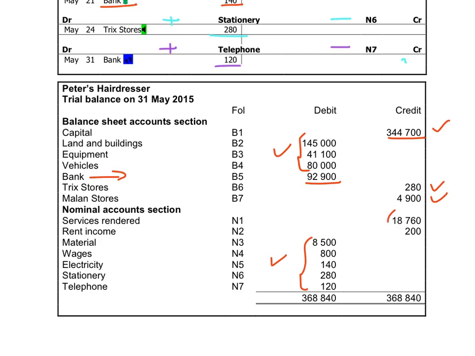Income will have credit balances. So when I'm finished with the trial balance, I just check and ensure that the capital, liabilities, and income is on the credit side. Assets and expenses are on the debit side. And if we made no mistakes, the total on the debit side and the total on the credit side will be the same.